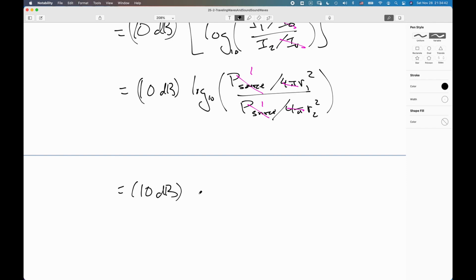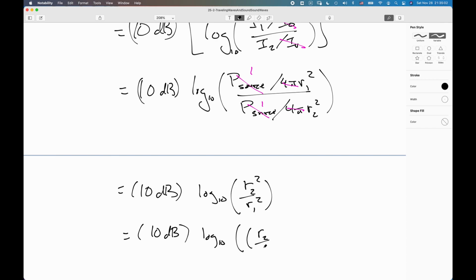So this will leave me with 10 dB times the base 10 log of, again rationalizing the denominator, multiply top and bottom by r2 squared, r2 squared over r1 squared. So that'll be 10 dB times the base 10 log of r2 over r1 quantity squared.